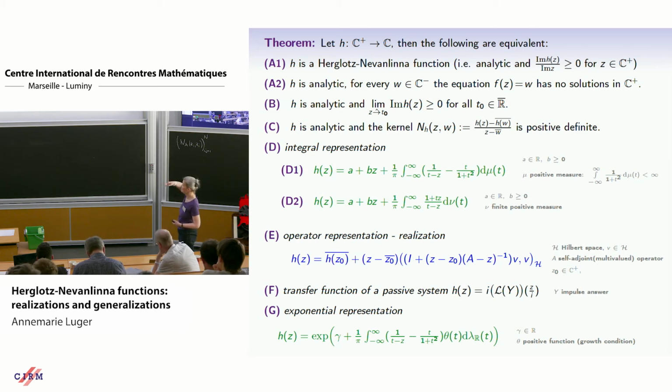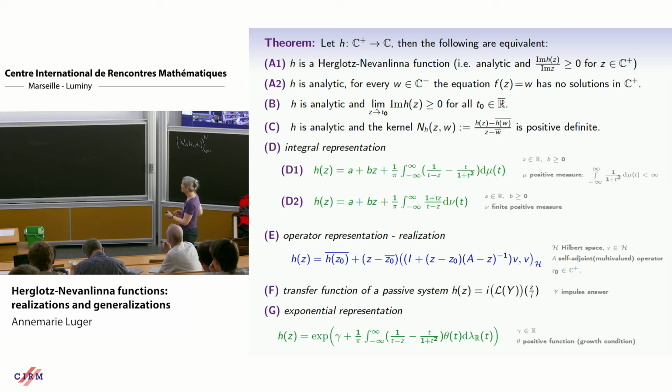Well, the logarithm, if you cut correctly, is a Herglotz-Nevanlinna function. So if you take a Herglotz-Nevanlinna function and take the logarithm of it, then it again will be a Herglotz-Nevanlinna function. But this one is nicer, because the imaginary part is bounded now. And if the imaginary part is bounded, then the measure is absolutely continuous with respect to the Lebesgue measure. And if you use this, and then you write it as e to the power logarithm of the original function h, you get this representation.